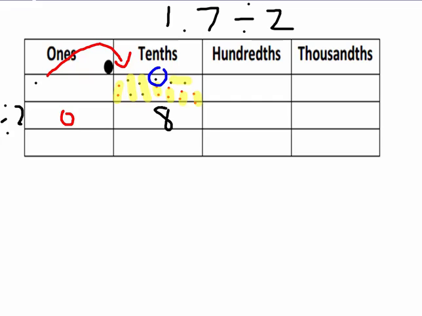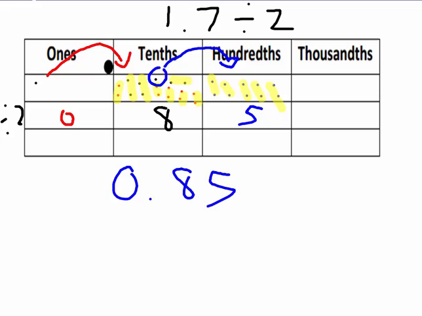What do I do with him? Well, I can regroup him into 10 hundredths. And now look, I can easily divide 10 by 2. 1, 2, 3, 4, 5. So my answer is 0 and 85 hundredths.